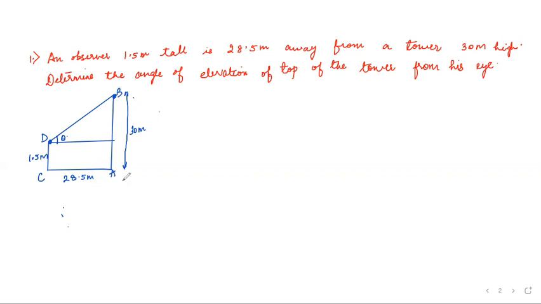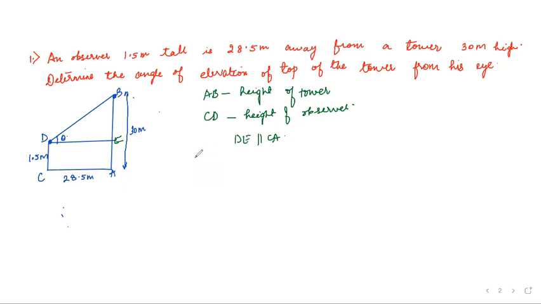So AB is the height of the tower and CD is the height of the observer. And let us take this as DE. So DE is parallel to CA.